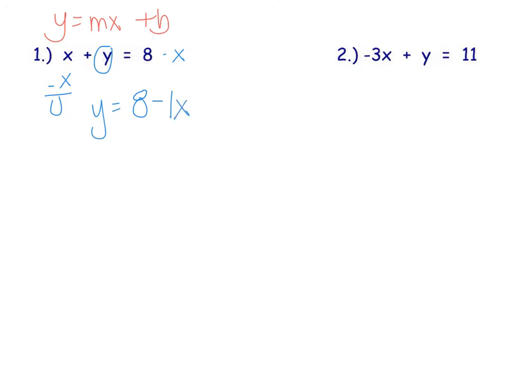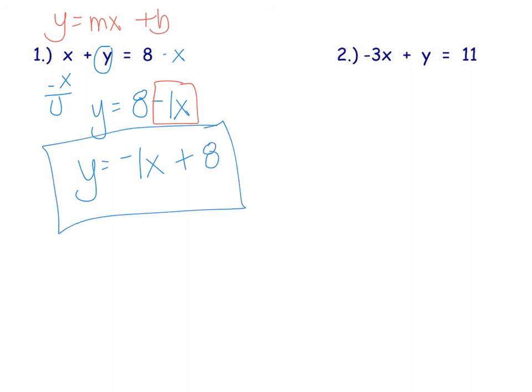Function form says that after y equals, we should have the mx. So let's take the mx part and write that first. y equals negative 1x, and then the plus b, that's a positive 8, so we'll write that as plus 8. We now have this equation in function form.